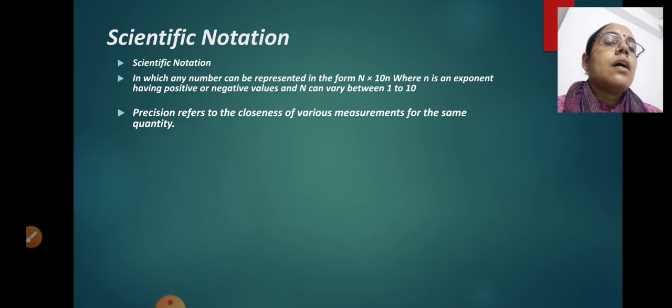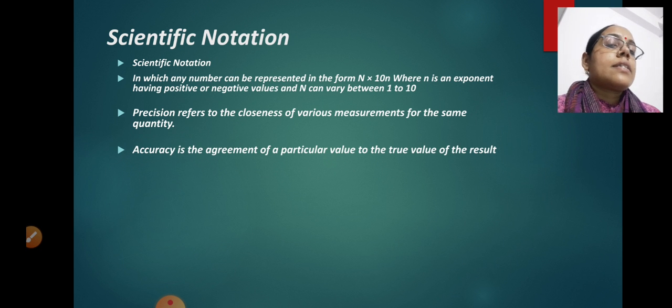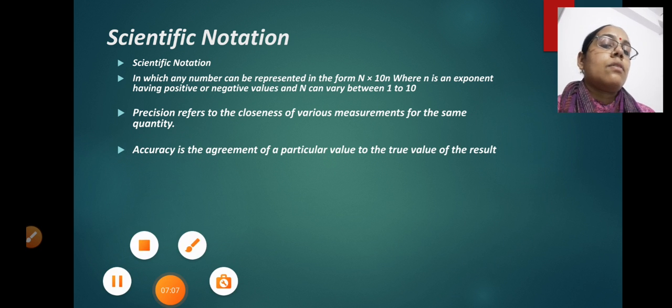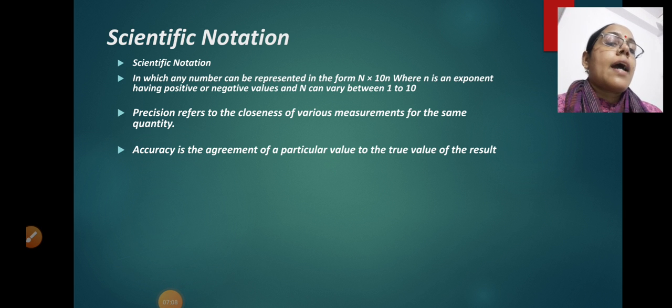That means precision refers to the closeness of various measurements for the same quantity. Okay, now let us see what is accuracy. Accuracy is the agreement of a particular value to the true value of the result.